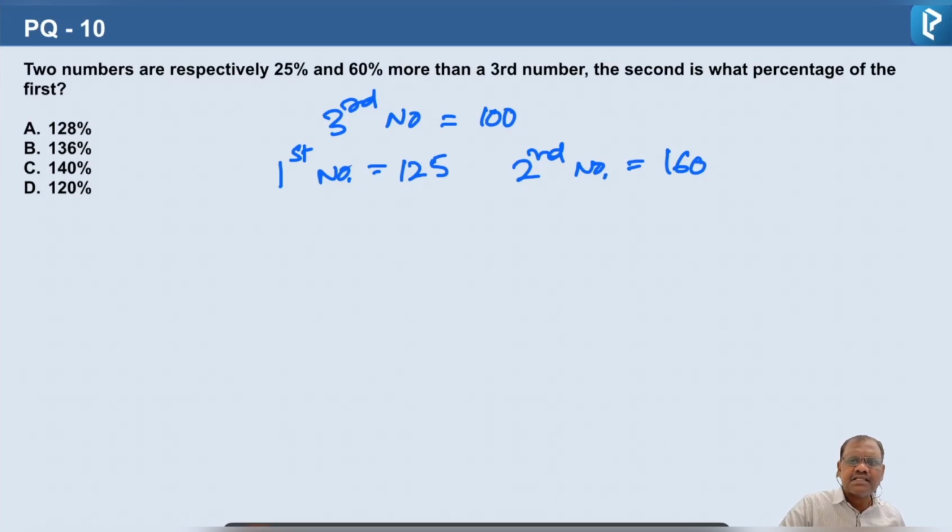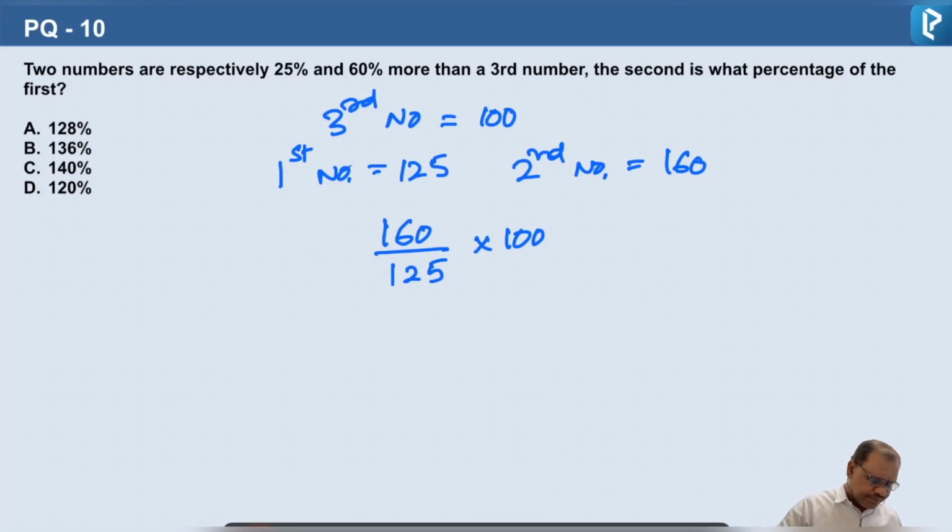So what is our question here? The second is what percent of the first? 160 divided by 125. Since we are finding the percentage, multiply by 100.